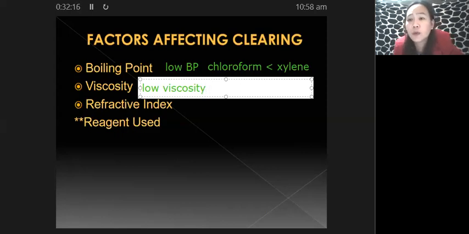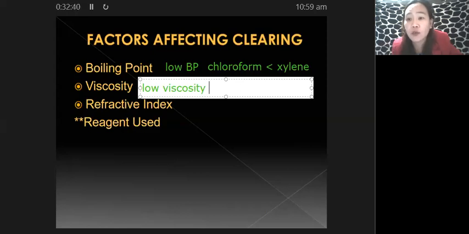Of course, when we talk about viscosity, di ba? We learned this, I'm not sure when you learned it, but I'm sure you learned it in your previous subjects. Viscosity pertains to the ability of a particular solution or a particular liquid to resist flow. Tama ba ako? To resist flow.